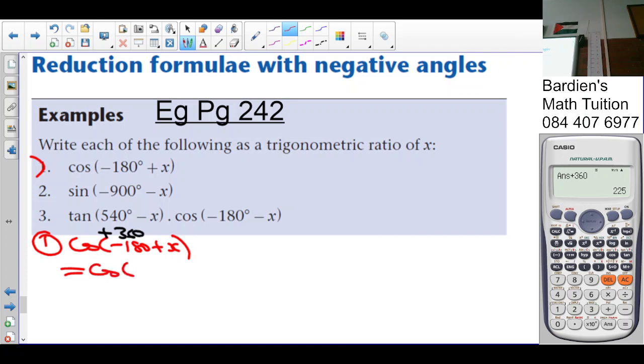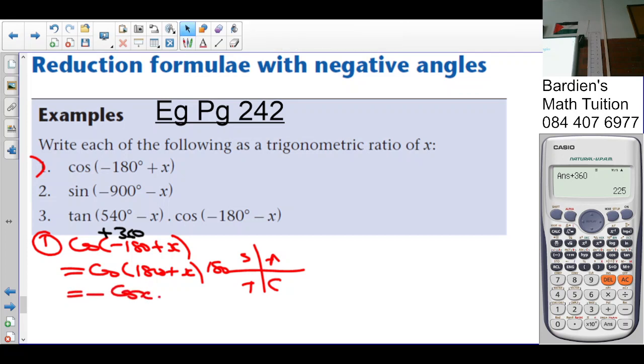So it will become cos of 180 plus x. That takes you to the third quadrant. Is cos positive or negative? Negative. So it's negative. Right, do number 2 and 3 for me quickly.